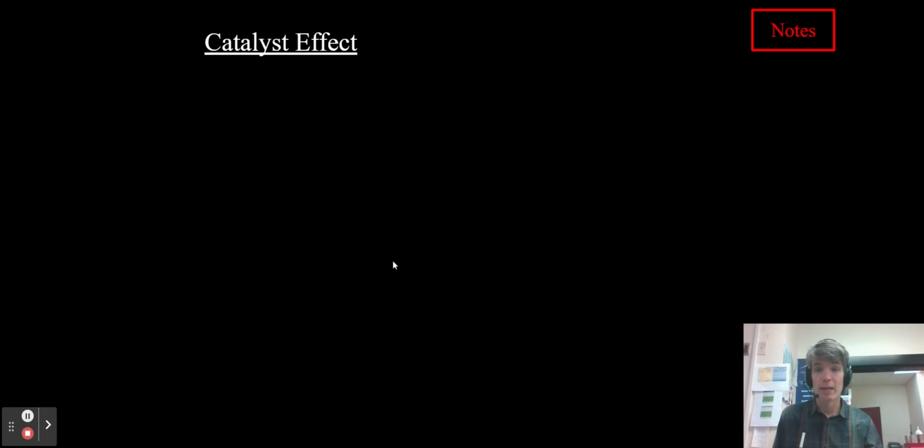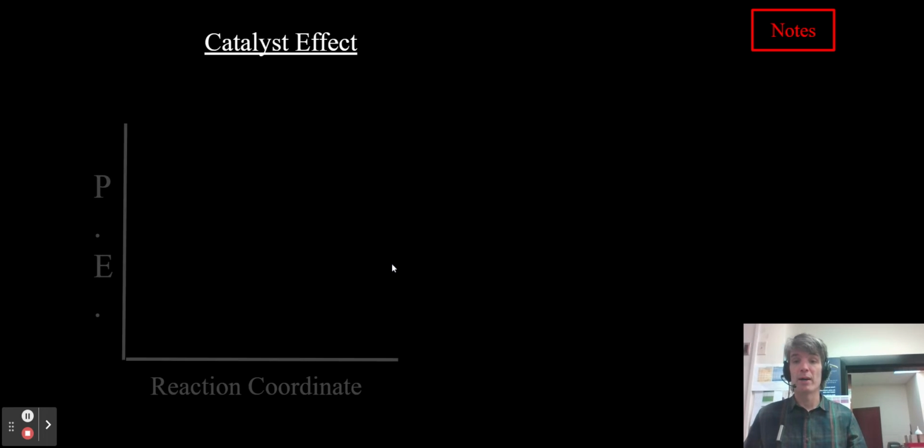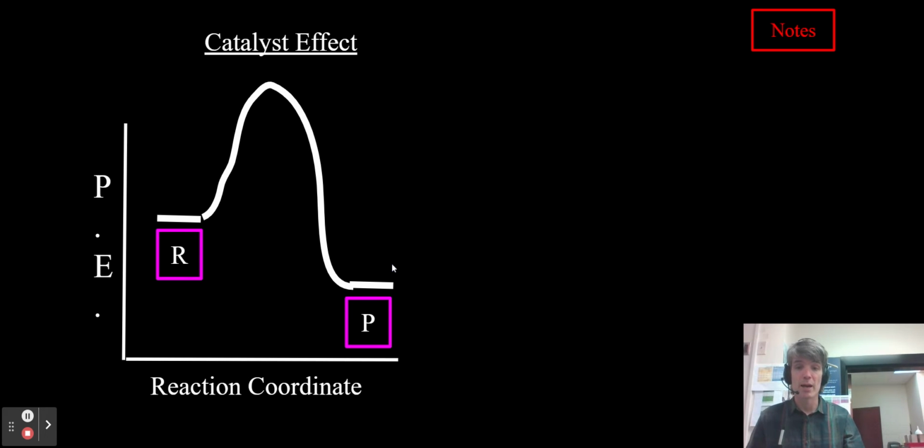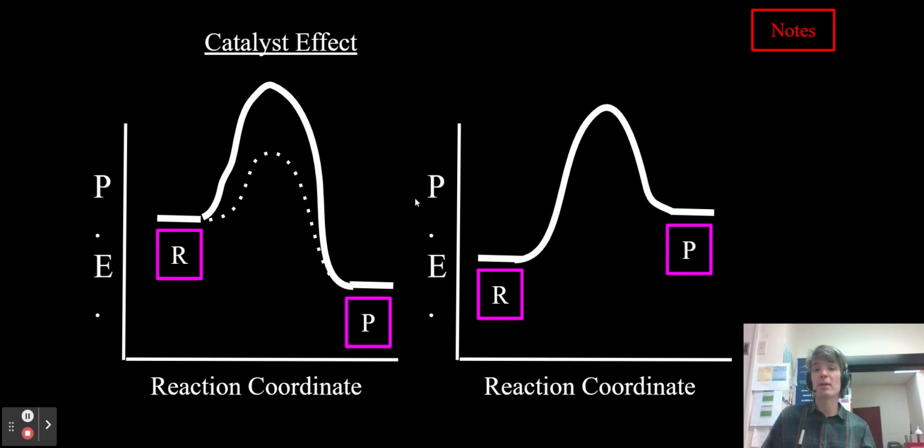Now, I want to talk about what a catalyst does to these reaction profiles. If I had an exothermic reaction, what would a catalyst do? This is adding a catalyst. The same thing is true for an endothermic, where this is the catalyst. This is my reaction without it, and the dotted line is with it.